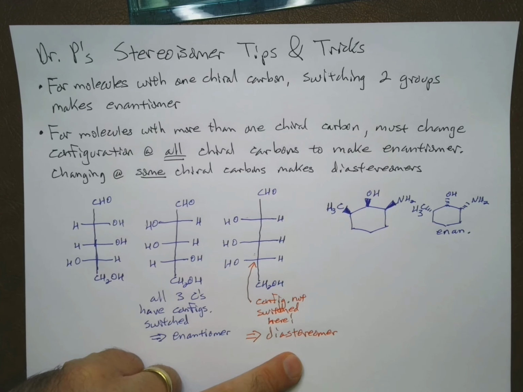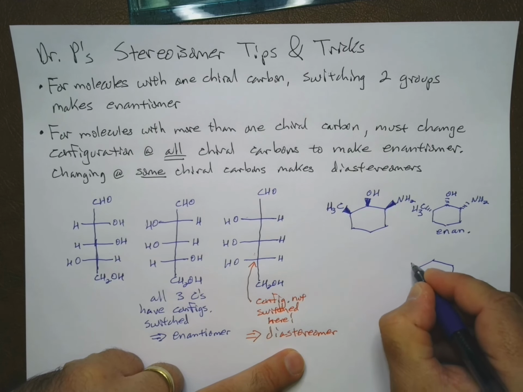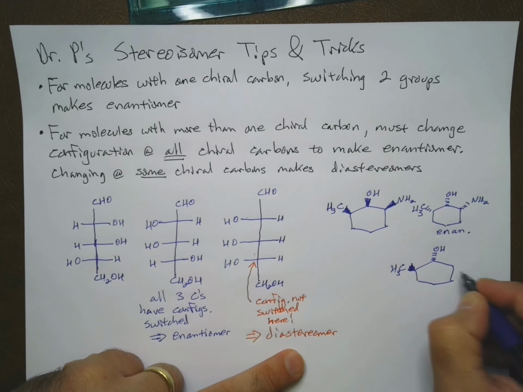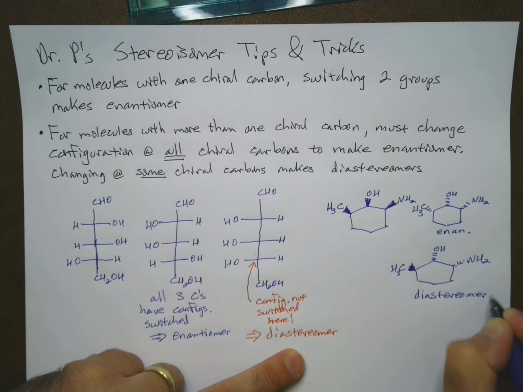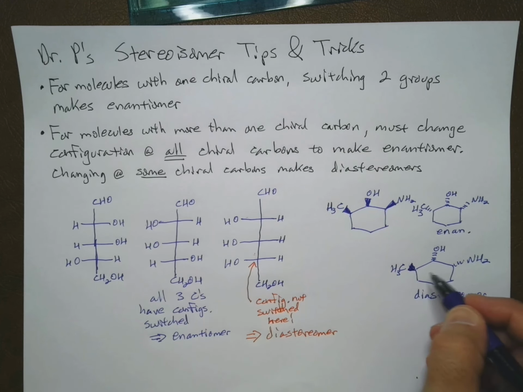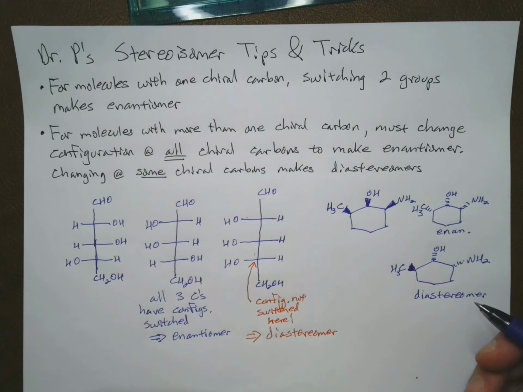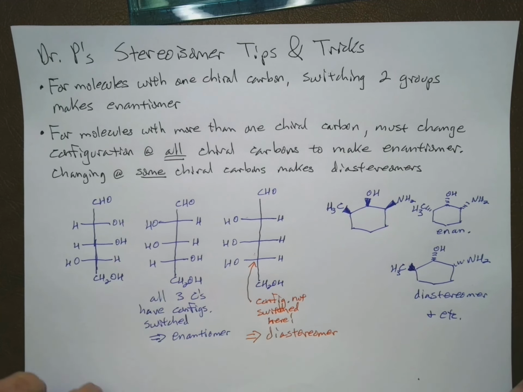I'll just abbreviate that enan. If I kept one the same, or more than one the same, so let's say I kept the methyl the same, but I switched the OH and the NH2, that's a diastereomer. If I kept the configuration the same at methyl and OH, but I switched the NH2, that's also a diastereomer. So there's a bunch of diastereomers.